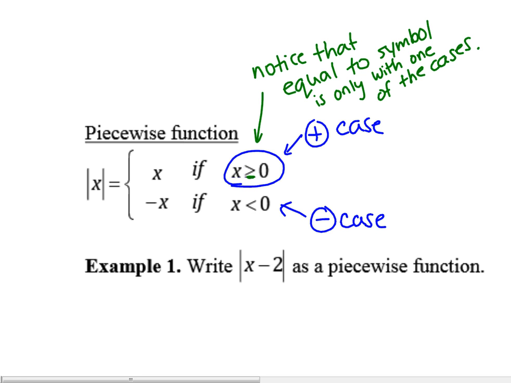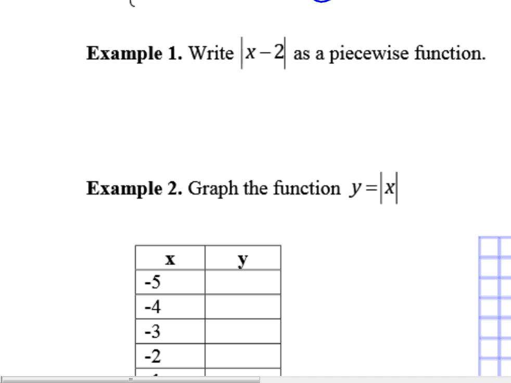Give me an x that would make it positive inside. 3. Give me another one. 4. 5. Where is it starting? What number and larger? 2. Because 2 would make the inside 0, right? Anything greater than 2, the inside of the absolute value of x minus 2 would make it positive.